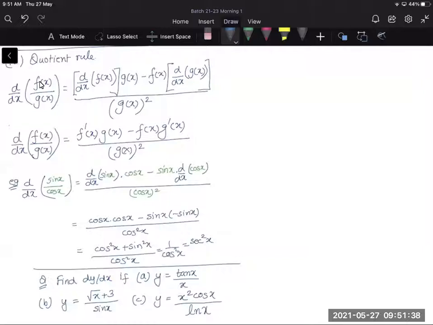small, and the only place where it is possible is the third one, where I hope everybody has realized that in the third one it is not only the quotient rule that is being applied.